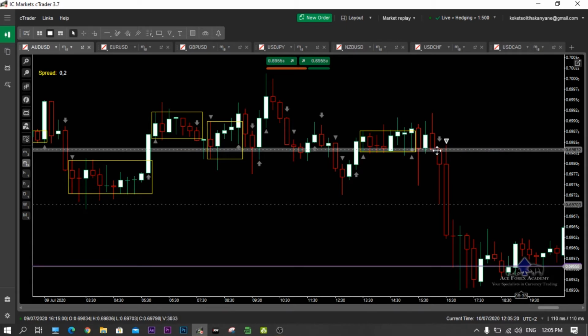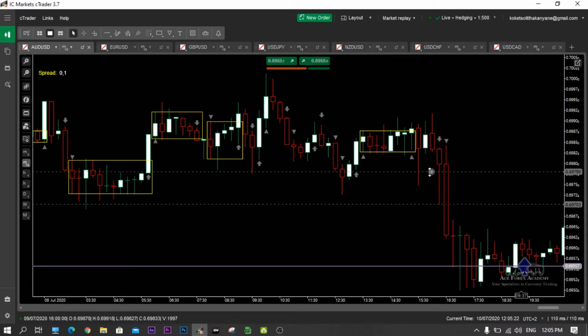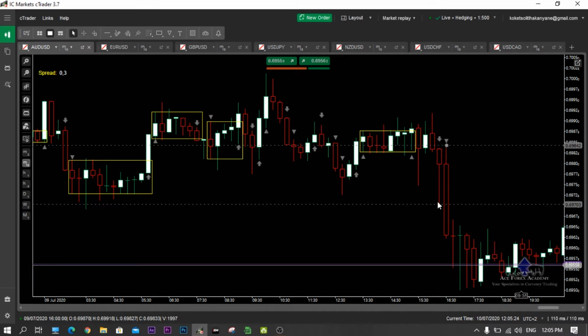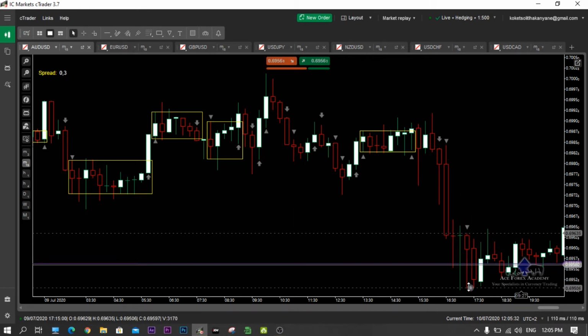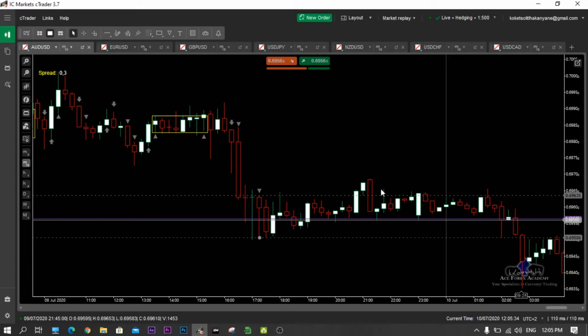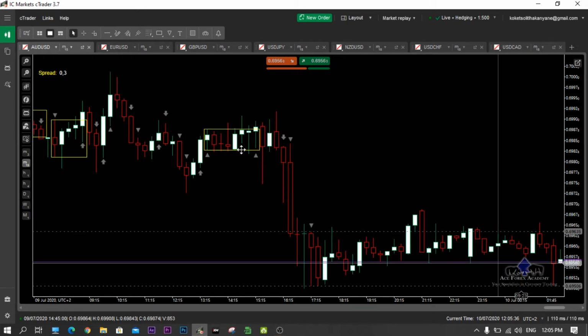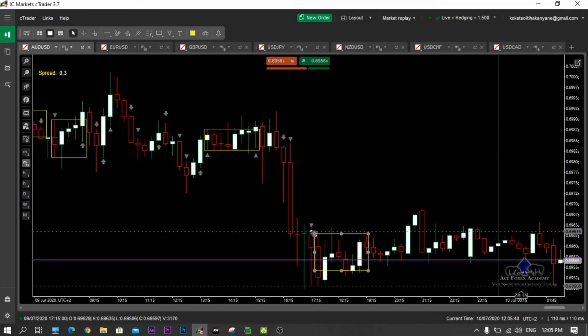Pushed it further down, pushed it further down till we had our period of consolidation, and we mark that out.